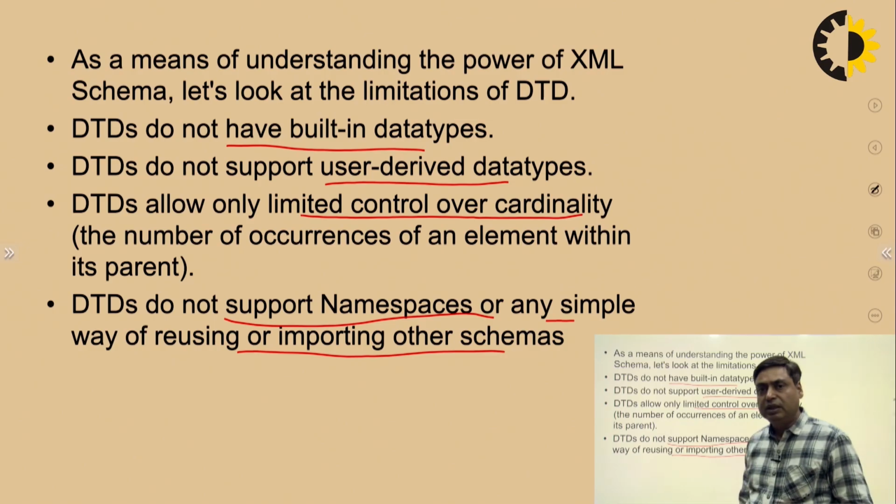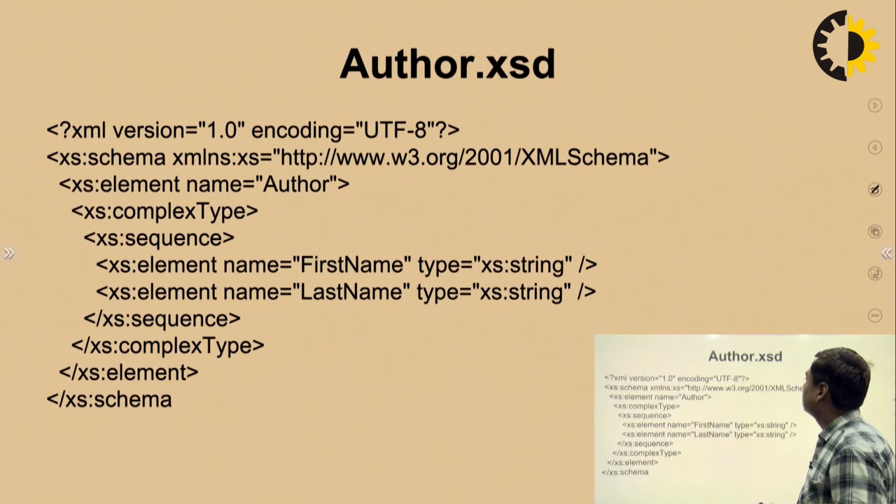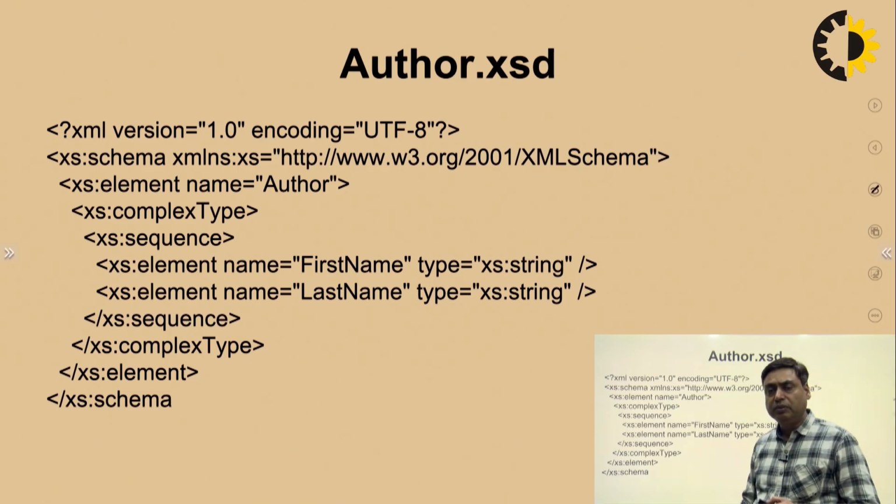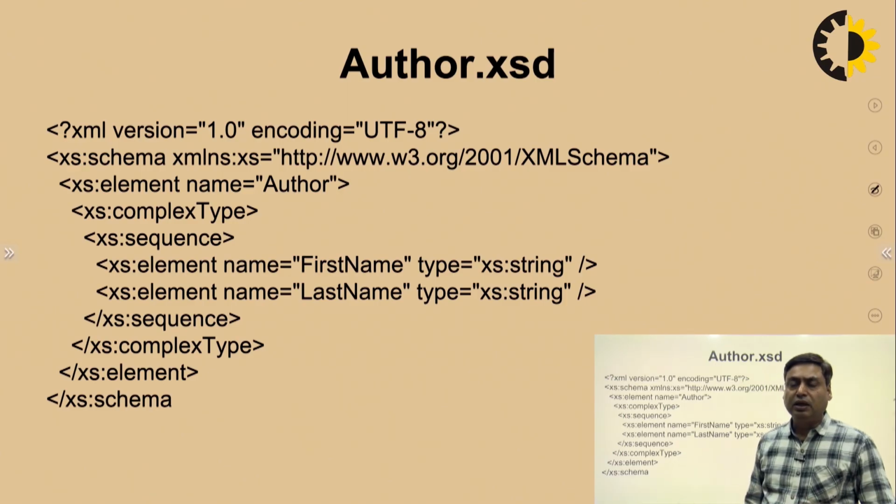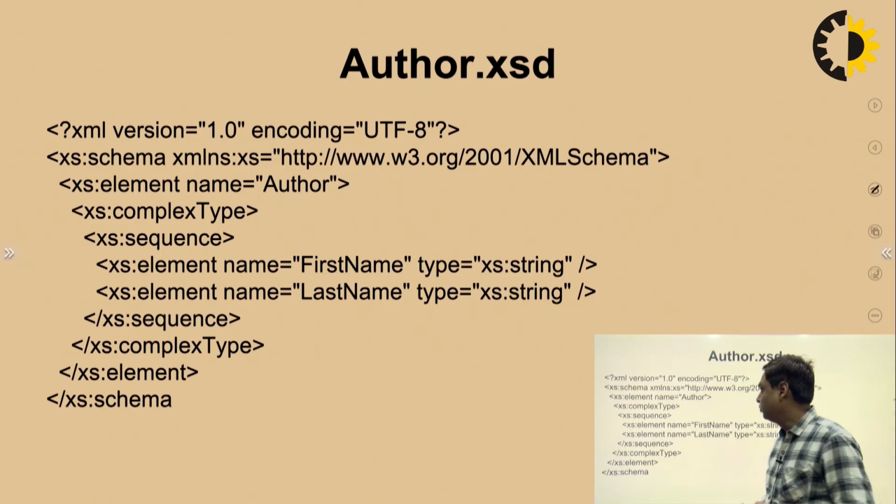These limitations are removed in the XML schema. In XML schema, we have built-in data types, user-defined data types, and much more flexibility to define the schema for any XML file.